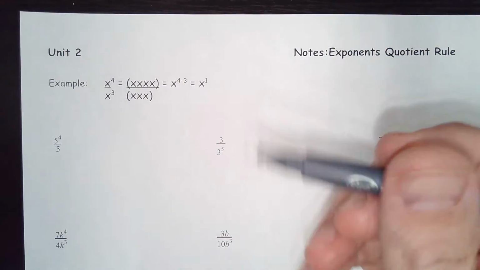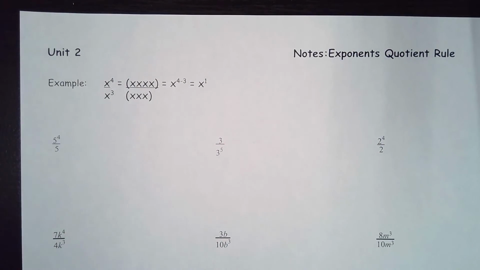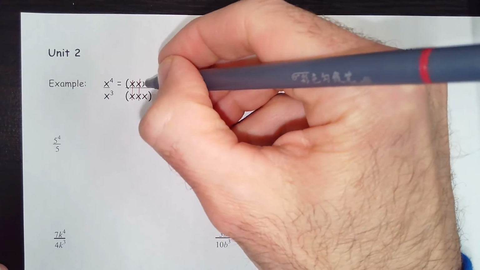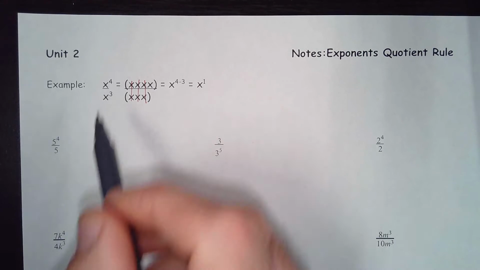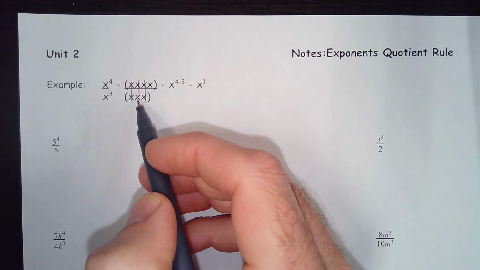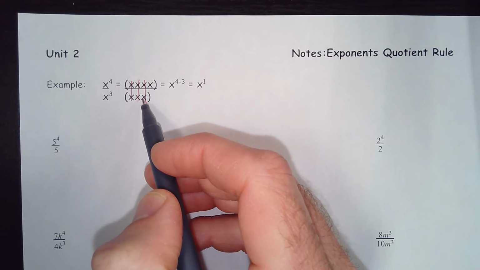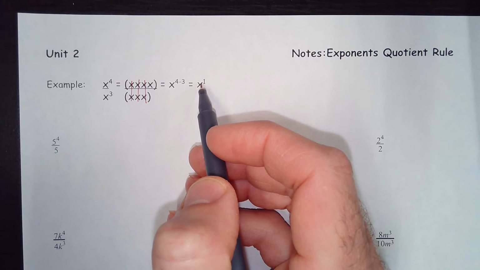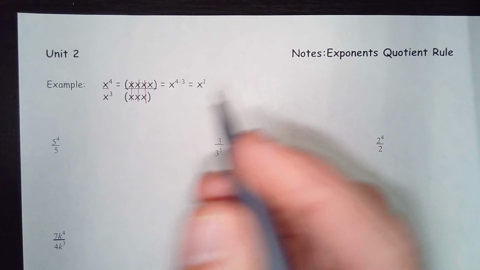The reason that works is because we can cancel out or make giant ones with 3 of these x's. X divided by x is 1, x divided by x is 1, x divided by x is 1. So we're left with just a single x as our numerator, so x.